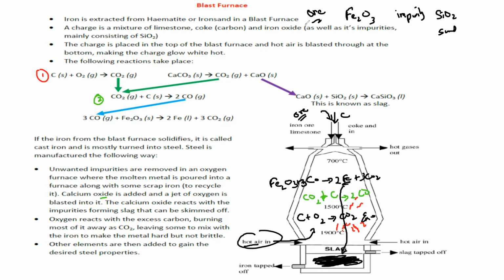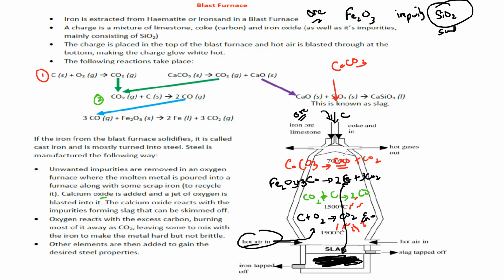Then we want to remove this impurity, silicon(IV) oxide, also called sand. To remove this impurity, we add calcium carbonate, again from the top. When we add calcium carbonate from the top, due to the heat energy, the calcium carbonate, CaCO3, undergoes thermal decomposition and breaks down into calcium oxide plus carbon dioxide.